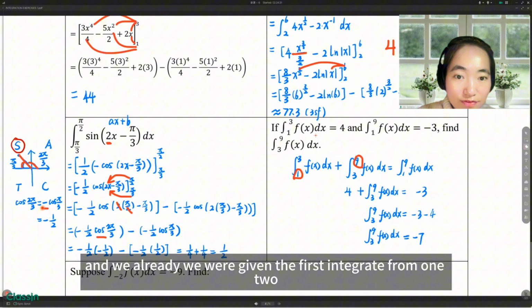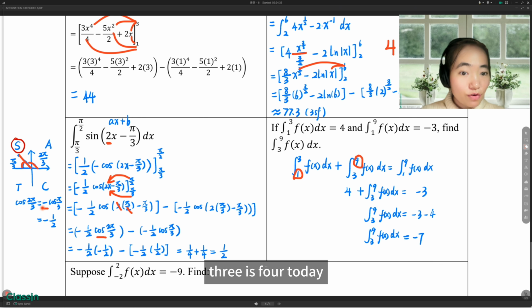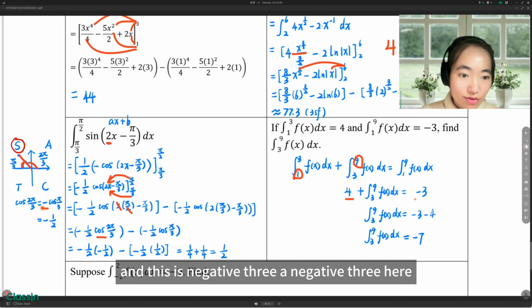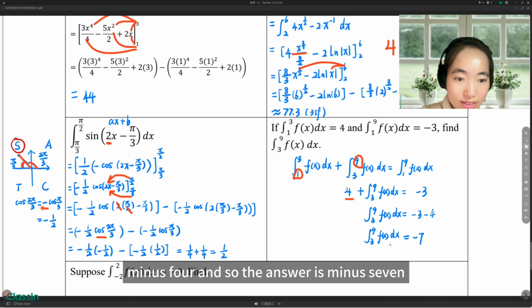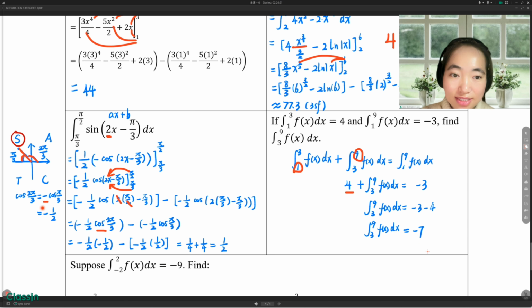And we were given the first integral from 1 to 3 is 4. So this is 4. And here we keep this. And this is -3. This is what we need to find, the integral from 3 to 9, and equals -3 minus 4, right? -4. And so the answer is -7.